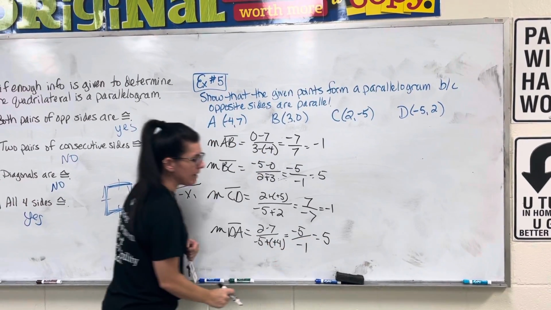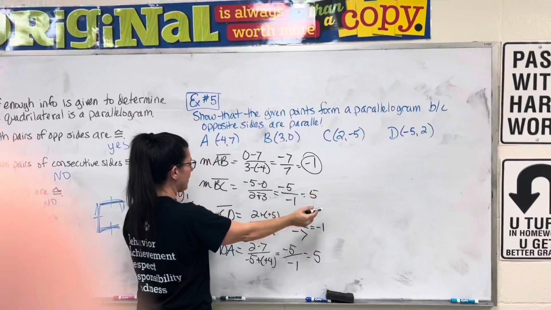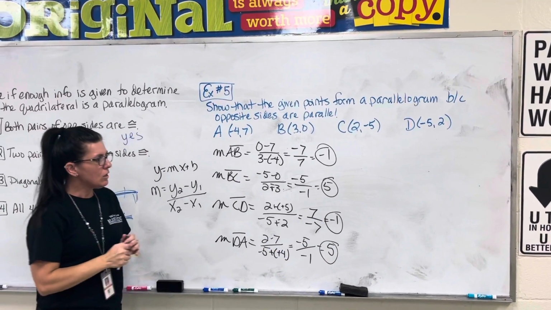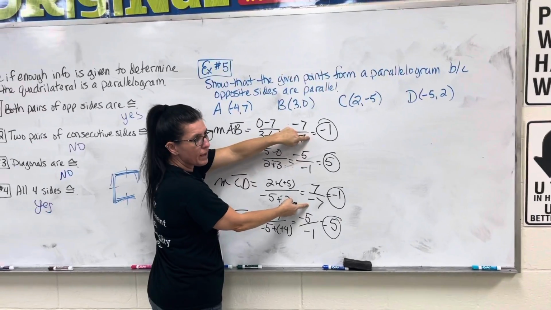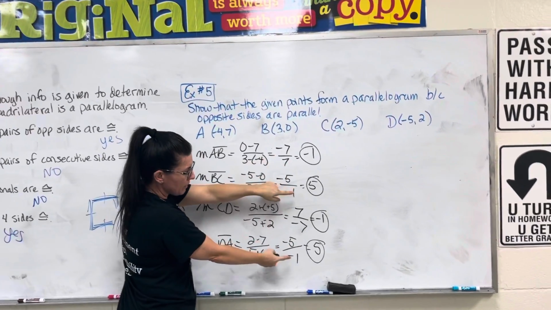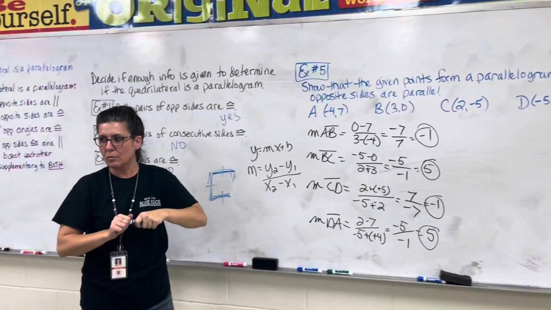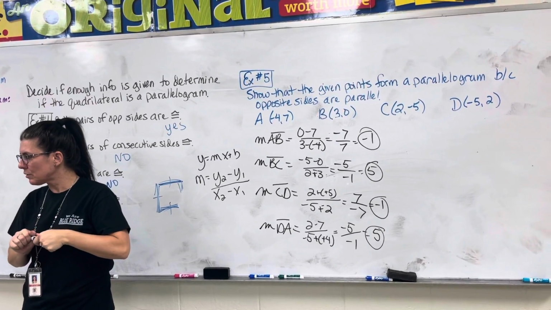Simplify that by dividing, that gives you 5. So slope of AB is negative 1, BC is 5, CD is negative 1, and DA is 5. So you can see that the opposite sides, these two sides have a slope of negative 1, which means they are parallel. These two sides have a slope of 5. They have the same slope, which means they are also parallel. Make sense? Remember your slope formula?